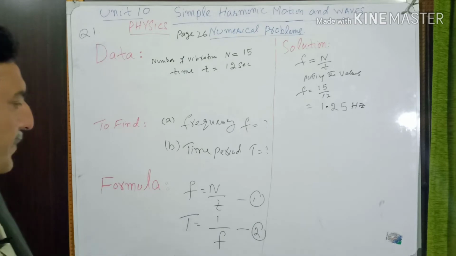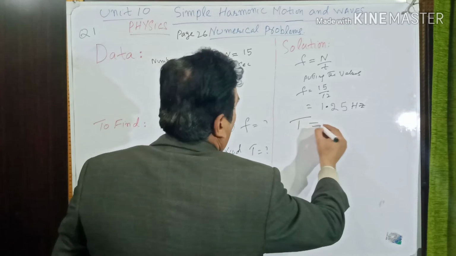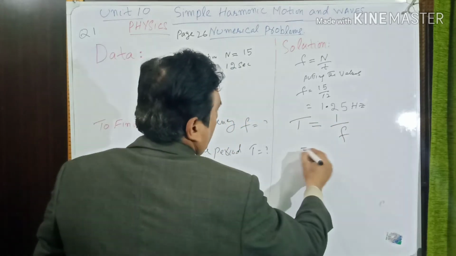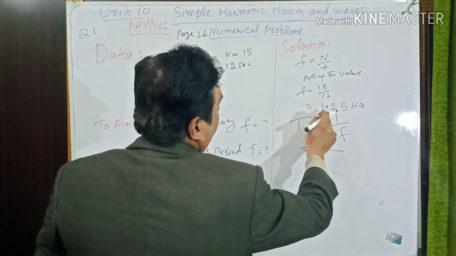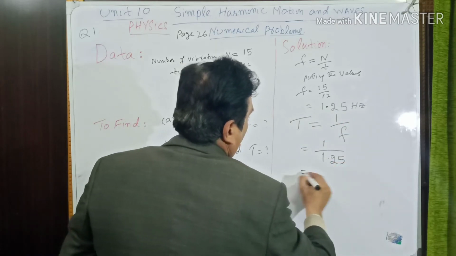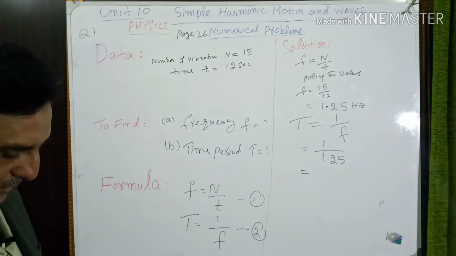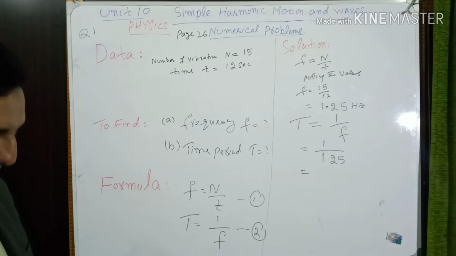The next is time period. T is equal to 1 by F. Put the value of frequency, 1.25. 1 divided by 1.25.